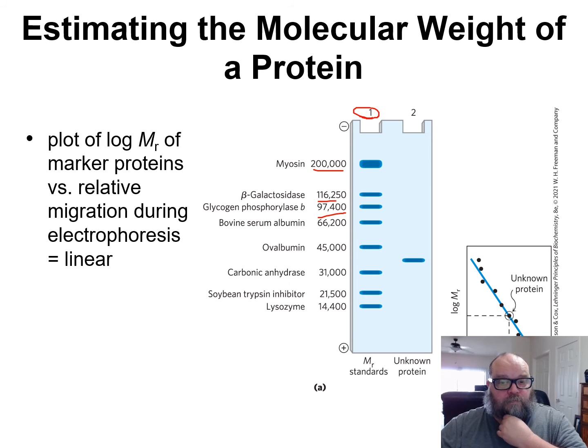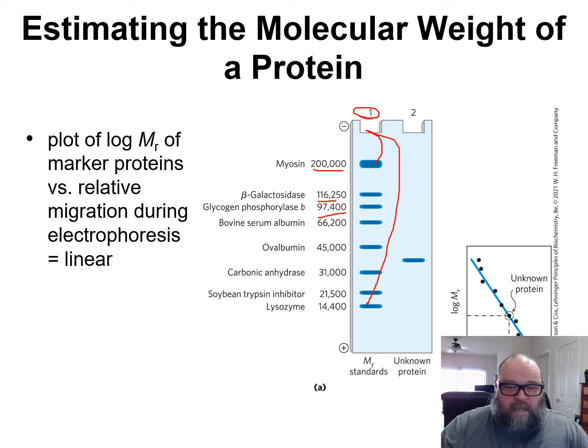We can measure this distance. We can measure that distance. And as you notice above my head, from this figure in the textbook, you can graph that out. Along the y-axis, size. Along the x-axis, how far did they move?